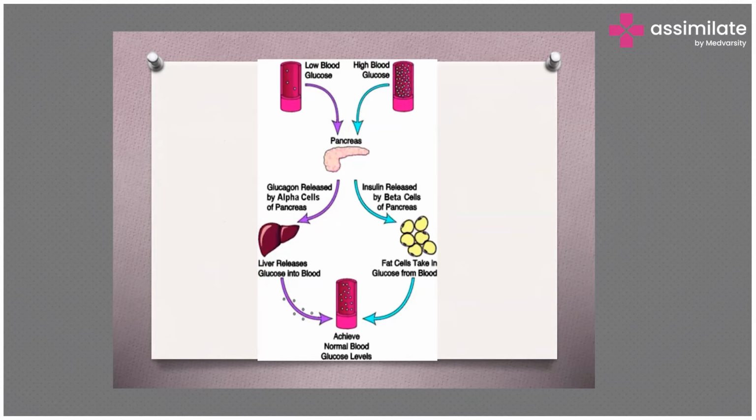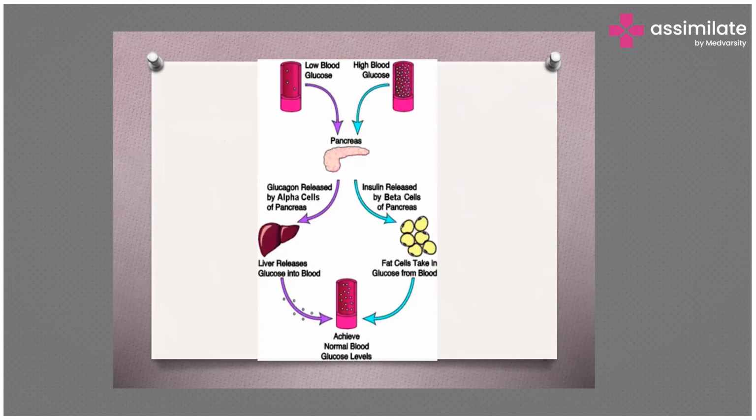When the body is in a state of low blood glucose level, the brain stimulates the alpha cells of the pancreas to secrete the hormone glucagon. You all must be knowing glucagon is otherwise called a hyperglycemic hormone. Why is this pancreas getting stimulated? Because in the end we want a normal glucose homeostasis in the body.